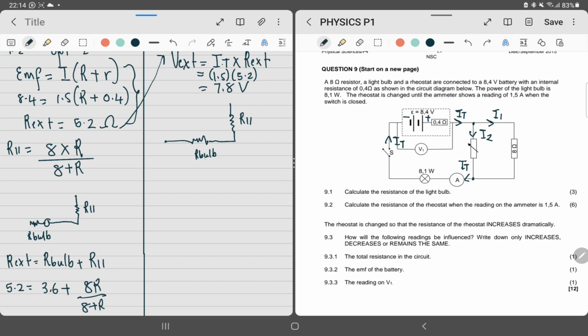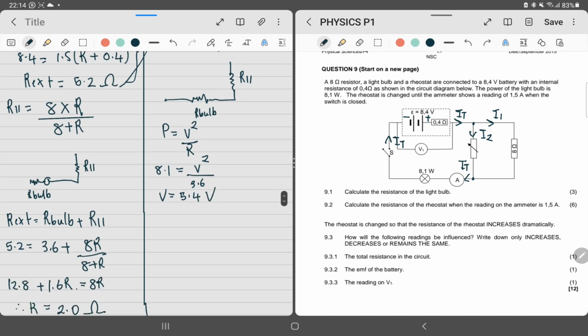Let's try and calculate the potential difference across the R of the bulb. So the power should be equal to V squared over R. The power is 8.1. The resistance is 3.6. V should be equal to the square root of 8.1 times 3.6, so that's 5.4 volts.